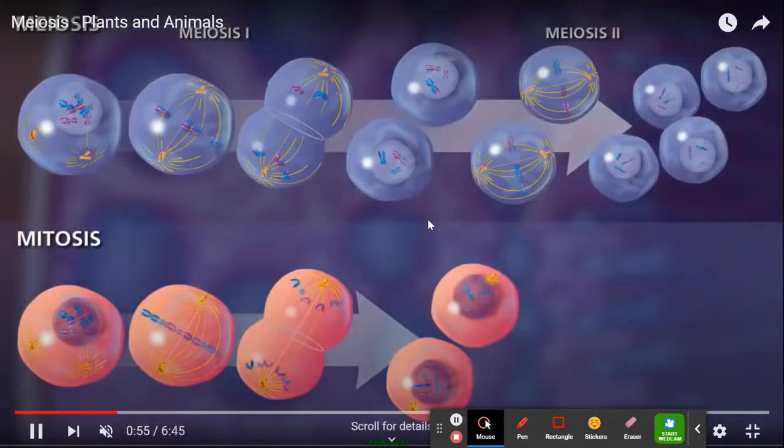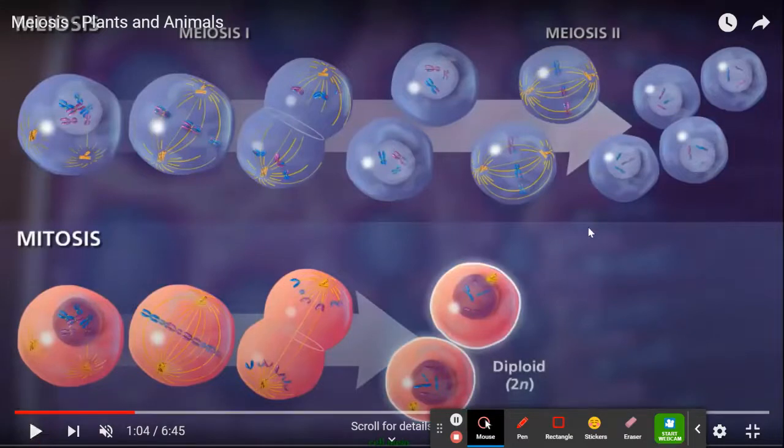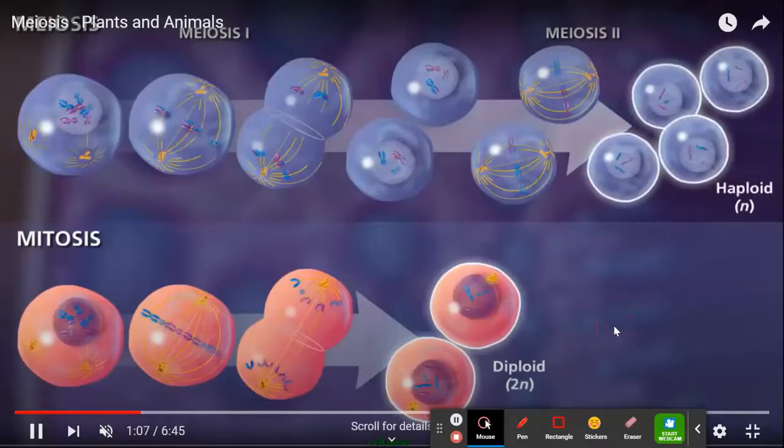Mitosis is a process that occurs in somatic cells, cells that have a full set of chromosomes. In this scenario, you have mitosis producing the two daughter cells. They have 2N, which represents a full set of chromosomes, a diploid cell, and meiosis 1 and 2 are producing haploid cells.